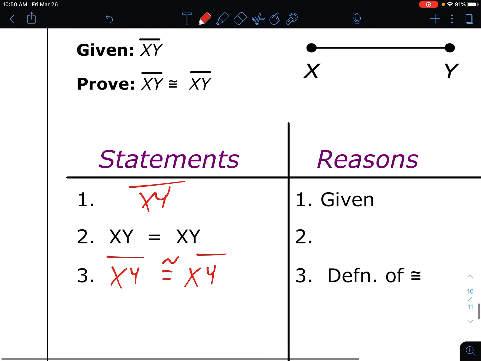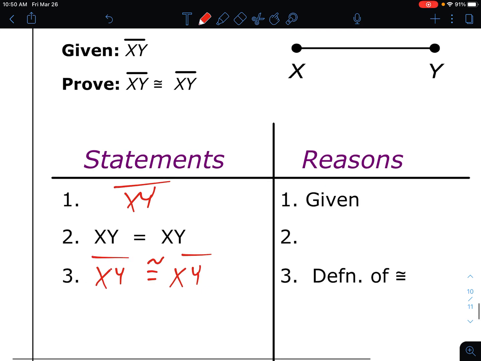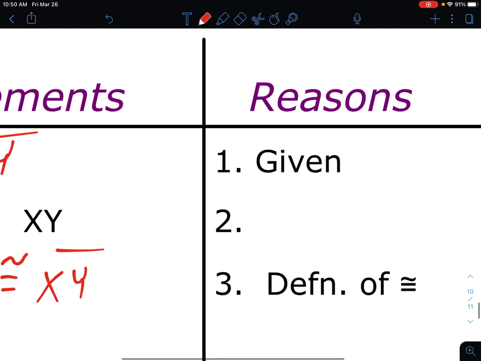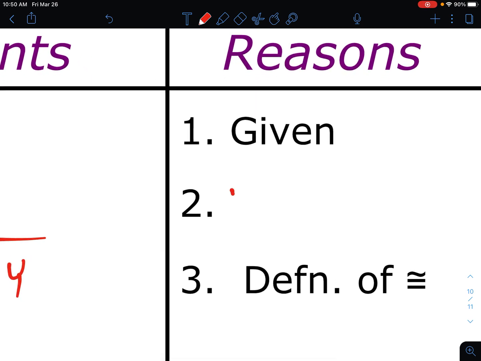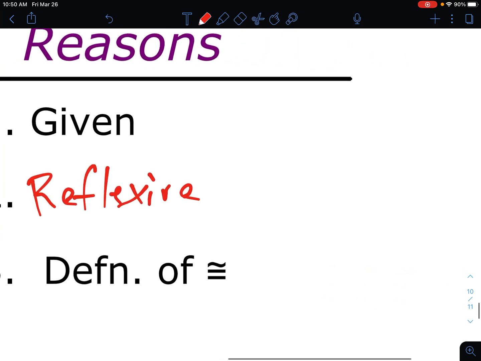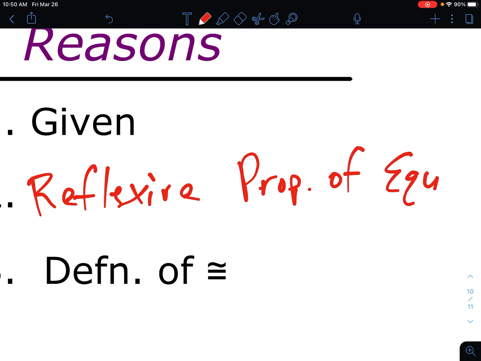So what we'll do is we just got to fill in one blank right here, right? Based off of what's there, we have XY is equal to XY. What property was that? That's the reflexive property of equality, all right?